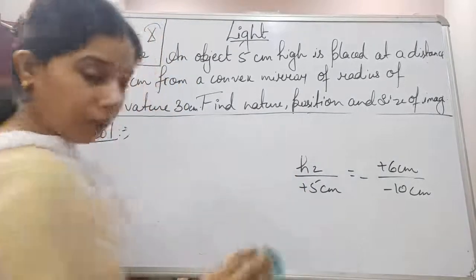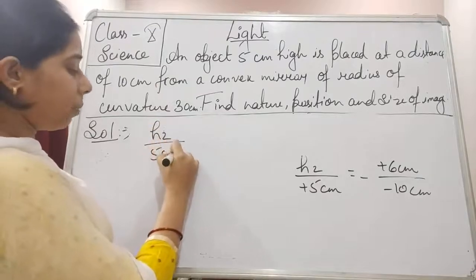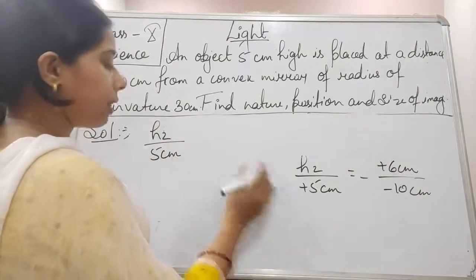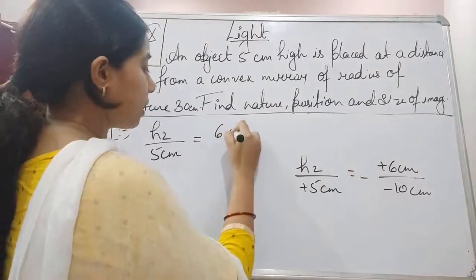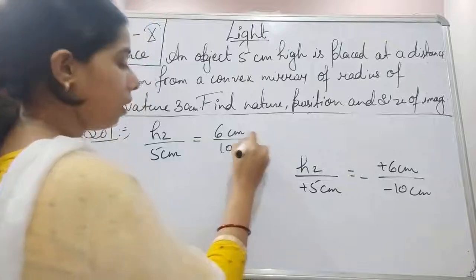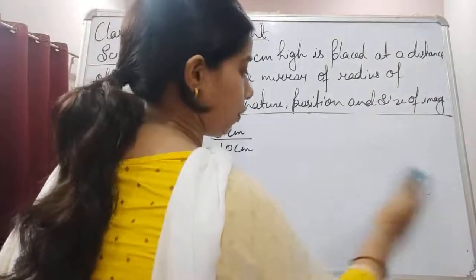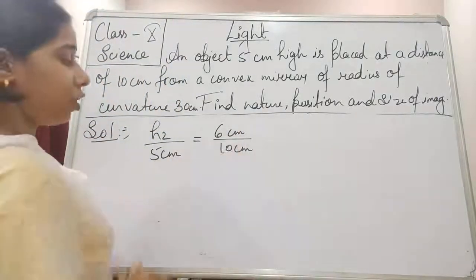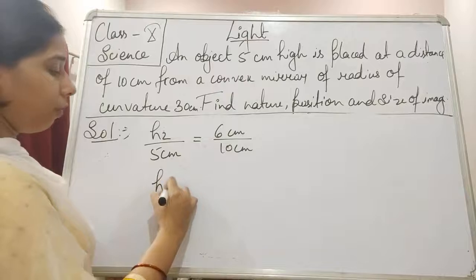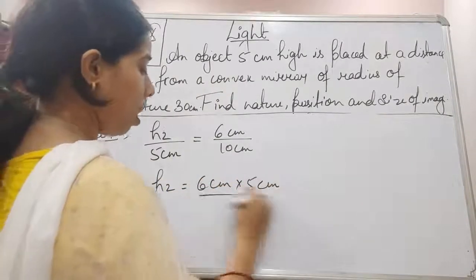So I'm doing it again here. H2 upon 5 centimeter. I am not mentioning the plus sign with 5 here, students, it is understood. This minus will become plus. So 6 centimeter upon 10 centimeter. Now see what the result will be. This 5 centimeter goes to the other side, and H2 will be equals to 6 centimeter into 5 centimeter upon 10.